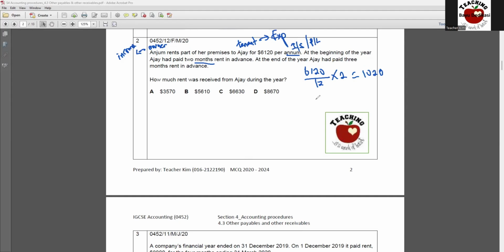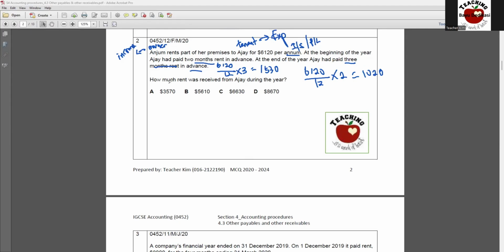Okay. Now, next is that at the end of the year, paid 3 months rent in advance. This 3 months rent in advance is also an amount that we have to adjust. So we take 6120 divided by 12 times 3, and we get 1530.